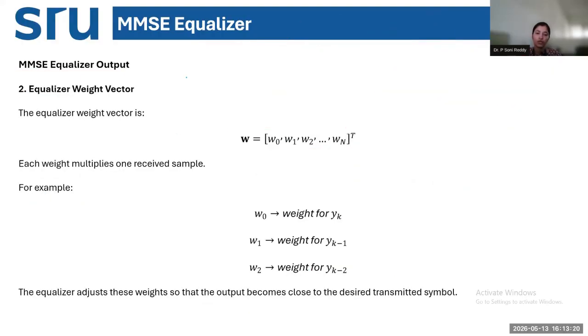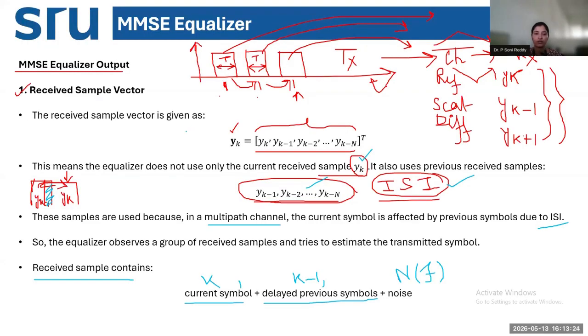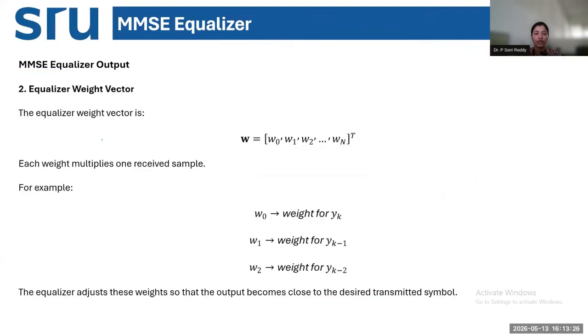Okay. So the first step is to get your received signal. The second step is to calculate the weights of the equalizer. What is a weight? The weights of an equalizer are nothing but multiplication factors. These multiplication factors are the factors using which we are going to overcome the effect of the channel.